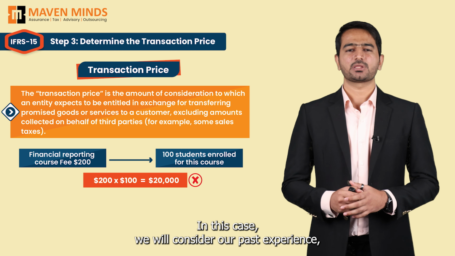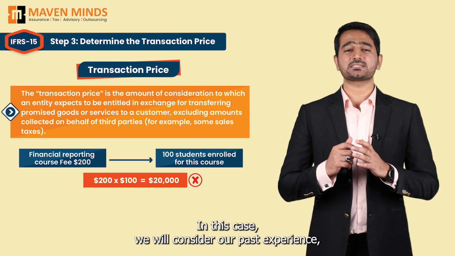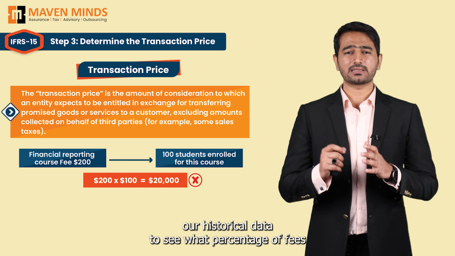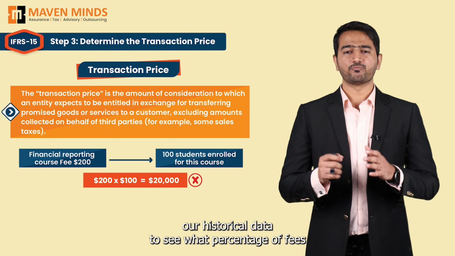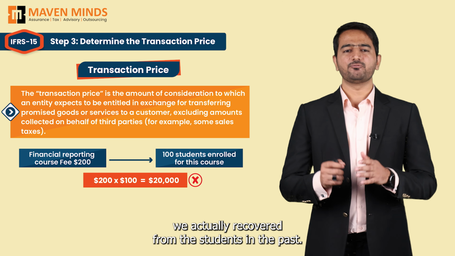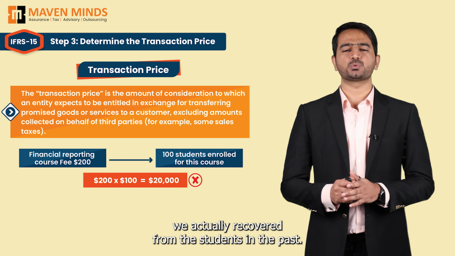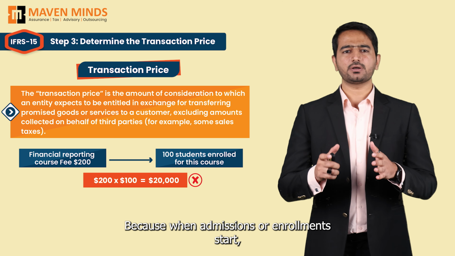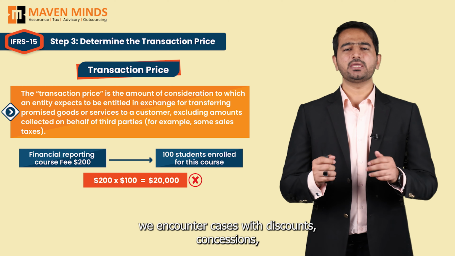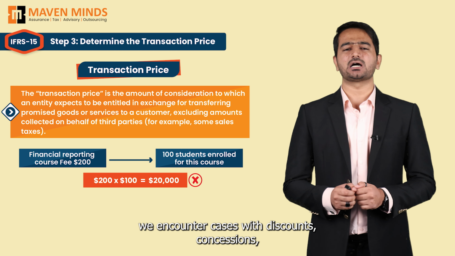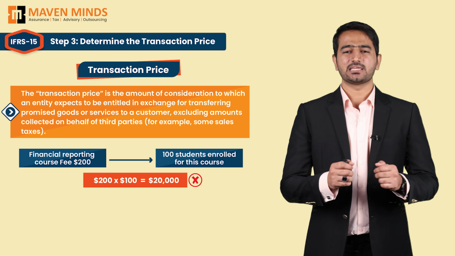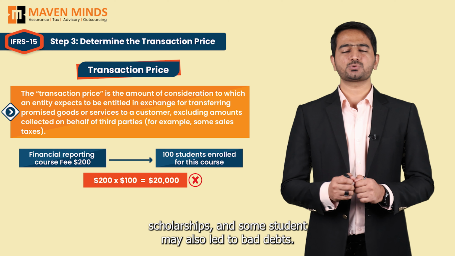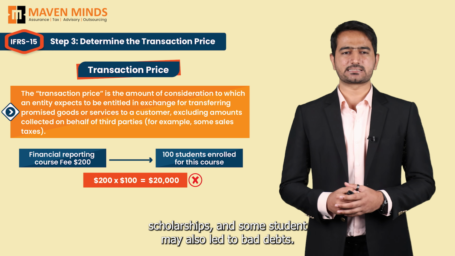In this case, we will consider our past experience, our historical data, to see what percentage of fees we actually recovered from the students in the past, because when admissions or enrollments start, we encounter cases with discounts, concessions, scholarships, and some students may also lead to bad debts.